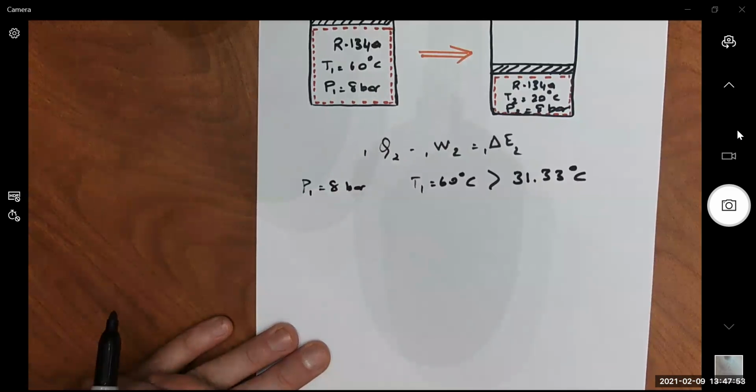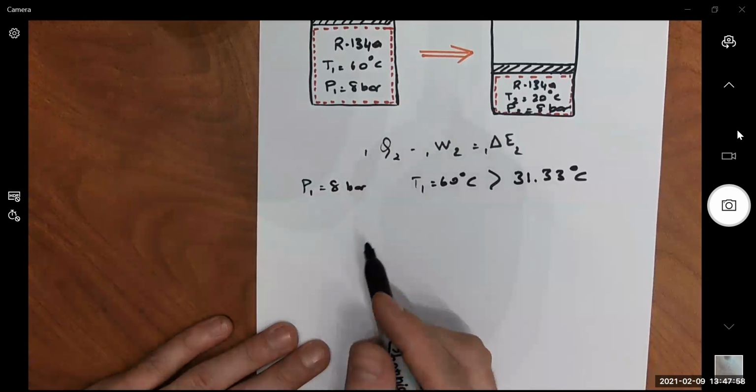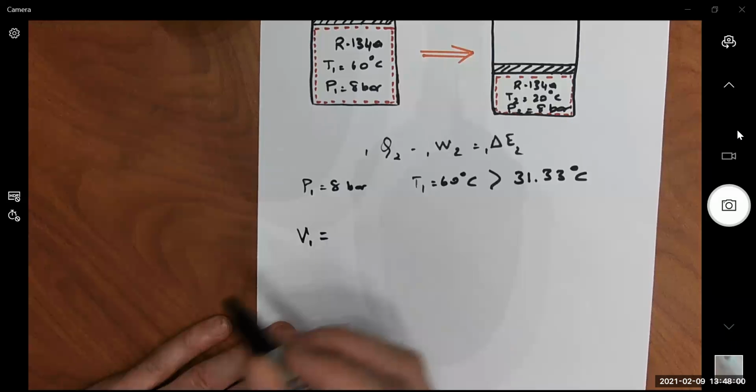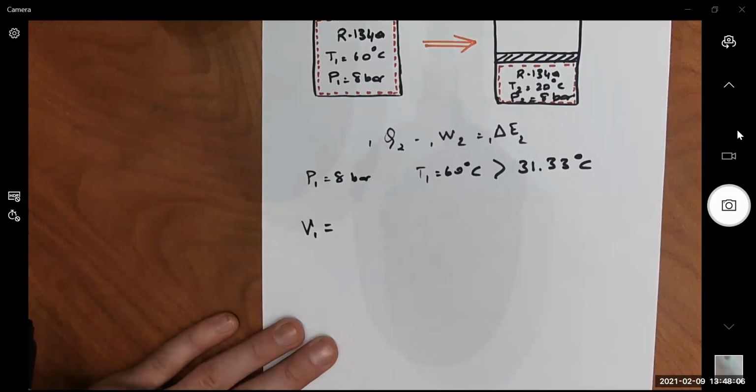So it's a superheated vapor. A superheated vapor table, right? P1 at 8 bar, 60 Celsius.